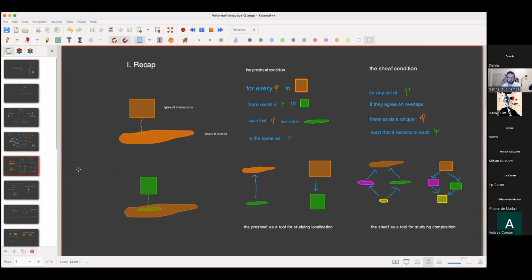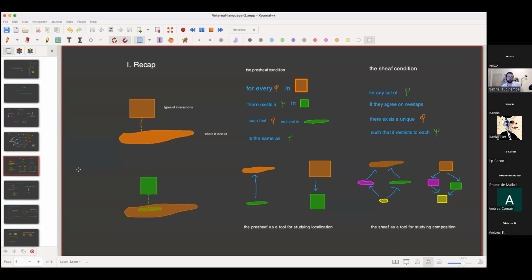Okay. Dennis, can I, so in an example, can I think of the interactions as sort of like propositions, and where it's valid is sort of like a region, like a substrate where it's valid, right? So I was thinking of, in the PreSheaf condition, you could have something like you are in the square, and the orange proposition could be like being a protester, and the green one could be like hating the police.